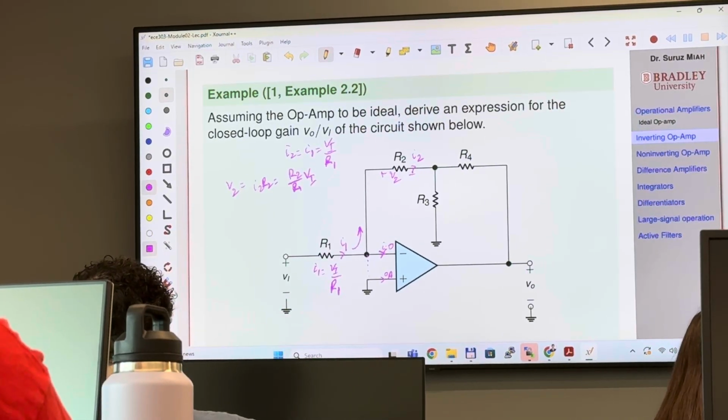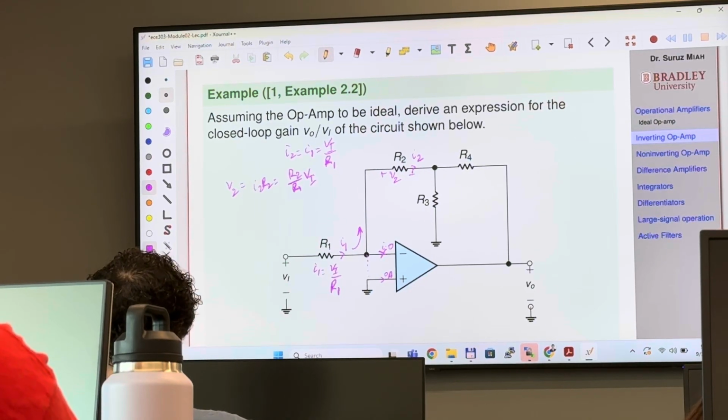Okay. It is me who is giving this reference direction. It is not guaranteed that the current will flow in this direction. For analysis purposes, I'm just giving this direction.